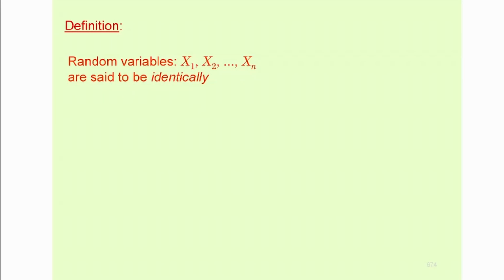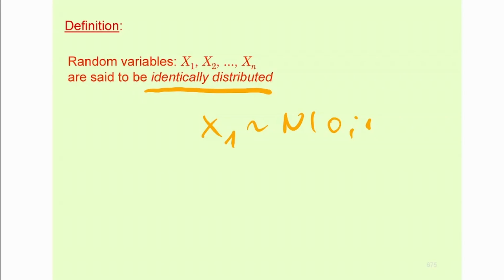Now, I'm going to look at the other important definition. If they're identically distributed, this means that they have the same distribution. Let's say one is following the normal distribution, maybe the standard normal distribution, and you're absolutely sure that this is the case, then every other one is going to be following the standard normal distribution also.